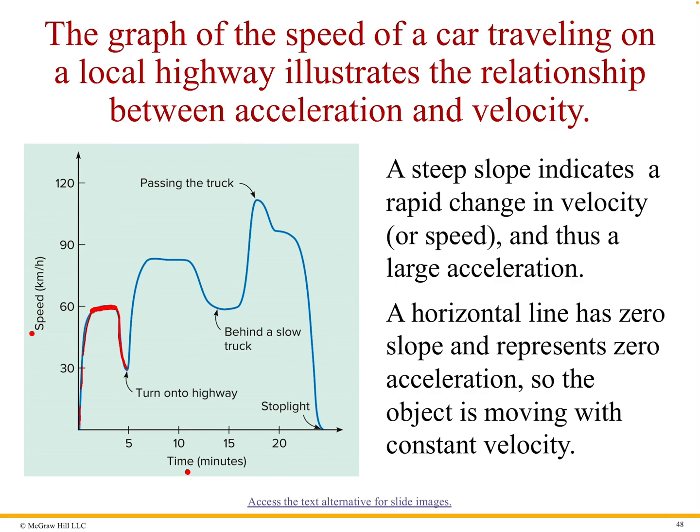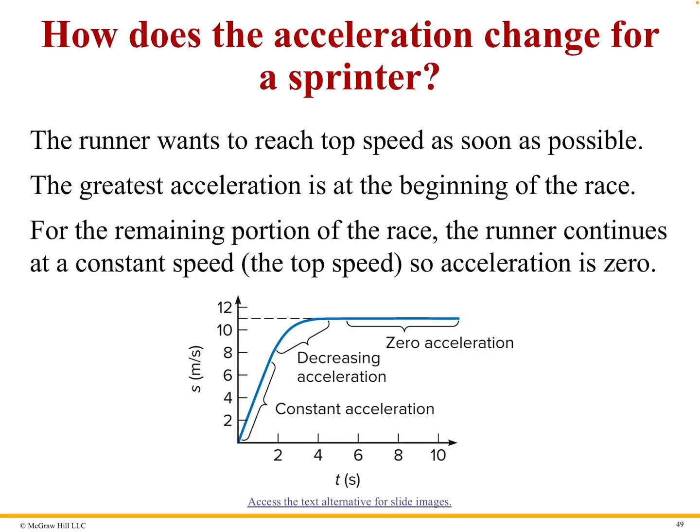And then what happens to the speed? It slows down. Now it's turning onto the highway. It's going really fast, constant speed. Speed gets lower because it's behind a slow truck. It's passing a truck. Goes back down a little bit. And then it decelerates all the way to the stoplight here to 0 kilometers per hour.